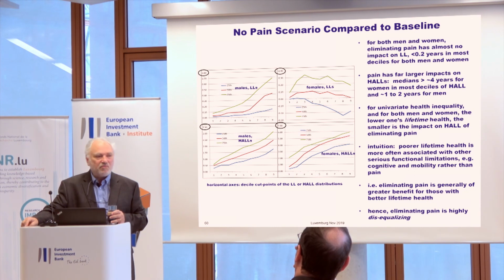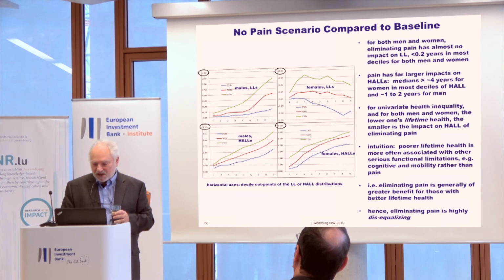Whereas the people in the upper half of the health status spectrum here have arthritis, right, which is very painful. And so the biggest benefits from eliminating pain are in the upper half of the distribution of health status across the population.